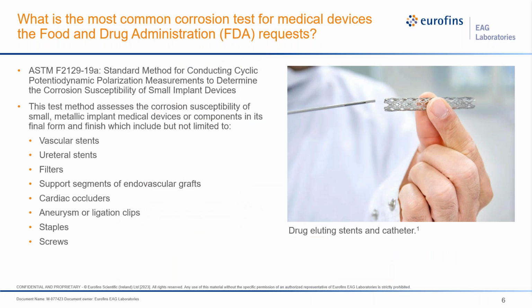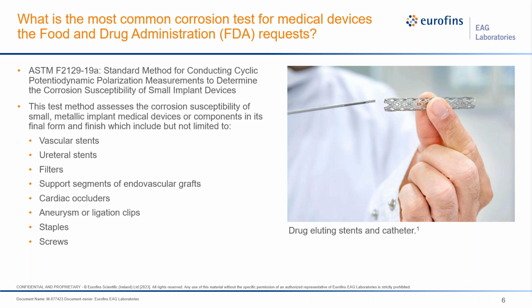So what is the most common corrosion test for medical devices the FDA requests? Well, let's begin. The FDA, which is called the Food and Drug Administration, is an agency within the Department of Health and Human Services. They are responsible for regulating the safety and effectiveness of medical devices.